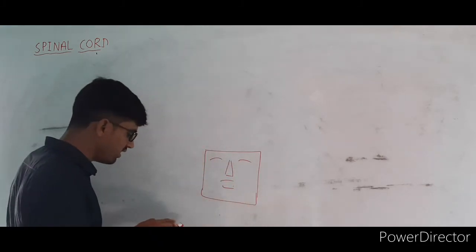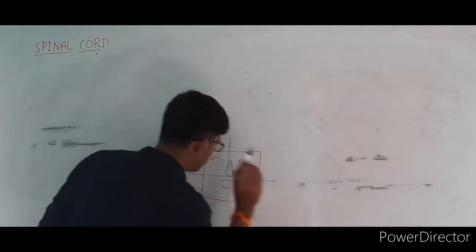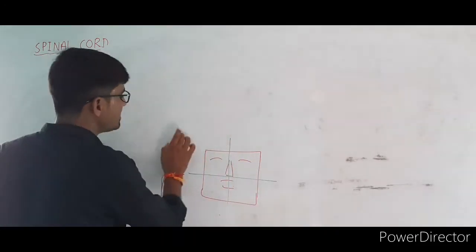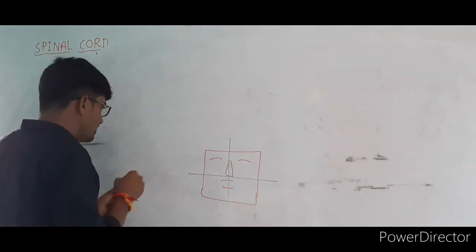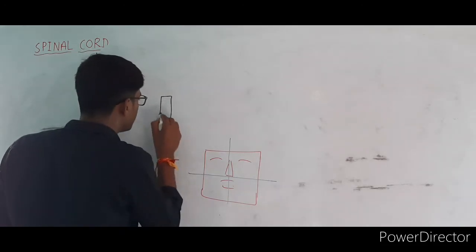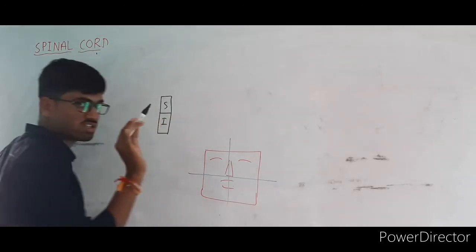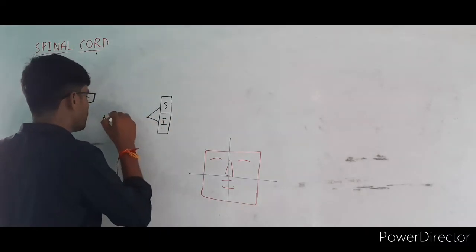I am dividing it into four quadrants. This is the right side. Here is the nucleus: this is the superior nucleus, this is the inferior nucleus. This is the nucleus of the facial nerve.